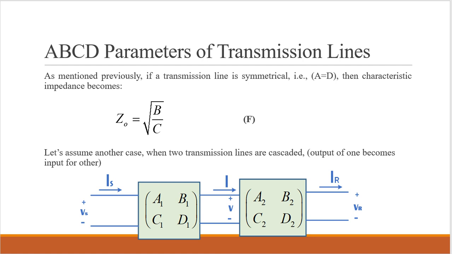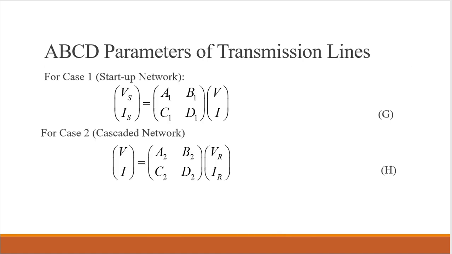Therefore, considering this, for the first network, where we consider A1, B1, C1 and D1, we have the value of Vs and Is equal to the matrix A1, B1, C1, D1 multiplying with V and I.